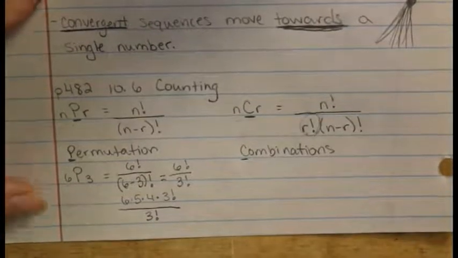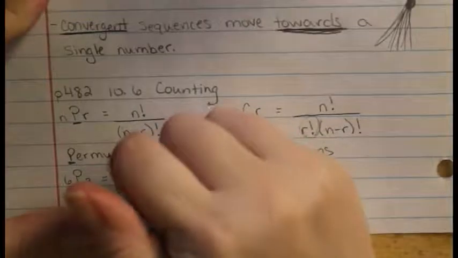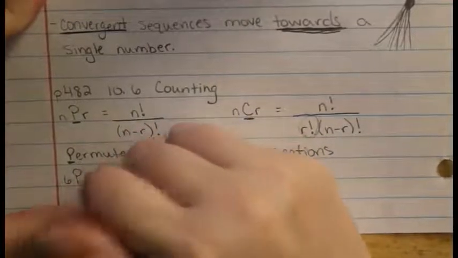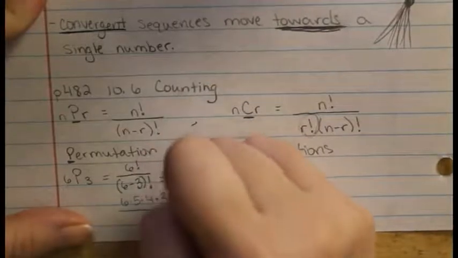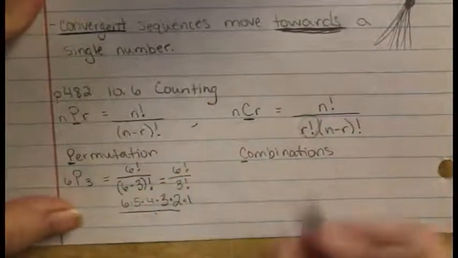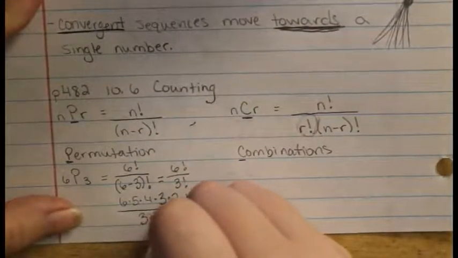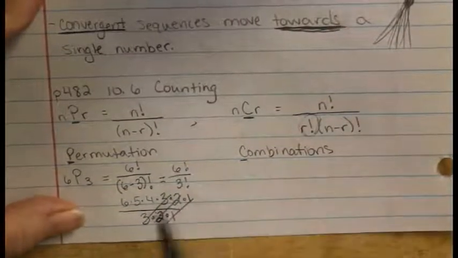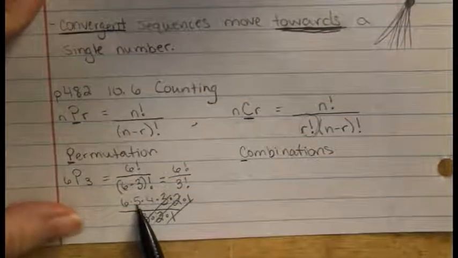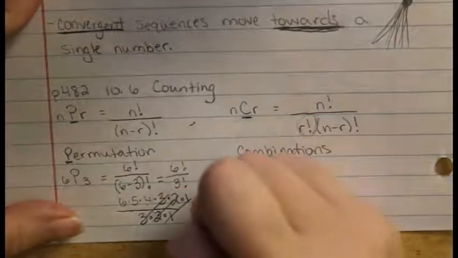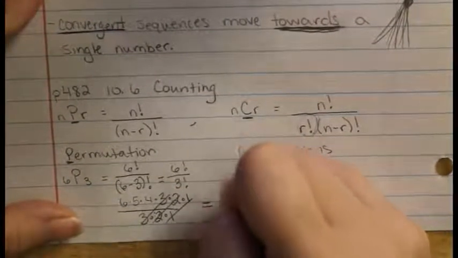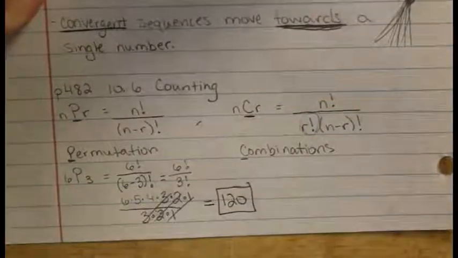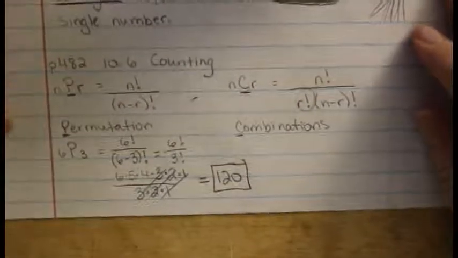If you were to not remember how to completely solve this, instead of fully solving it out, just put on the bottom 3 times 2 times 1, and you can see, oh, 3, 2, 1. And then you're left with 6 times 5, which is 30, times 4, which is 120 as your final answer. And it kind of sets it up and solves it pretty cool there.